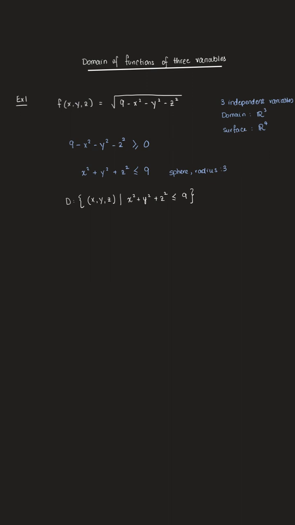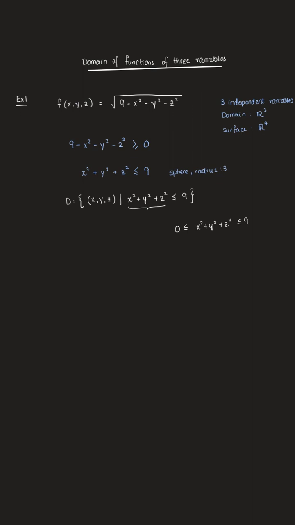Notice that, by algebraic ideas, x squared plus y squared plus z squared is also always going to be greater than or equal to 0. So we do have that it is less than or equal to 9 and greater than or equal to 0, but we don't have to include that in our domain.